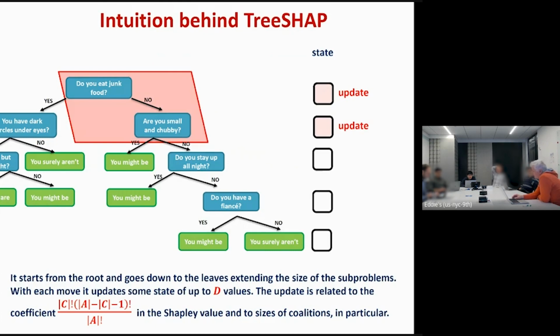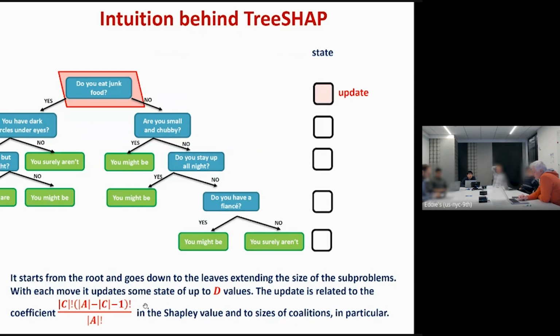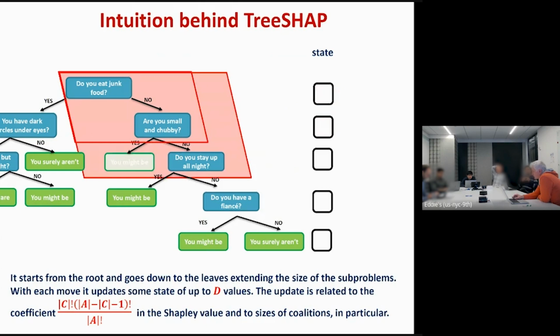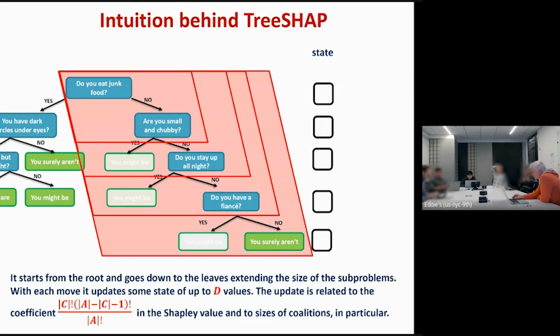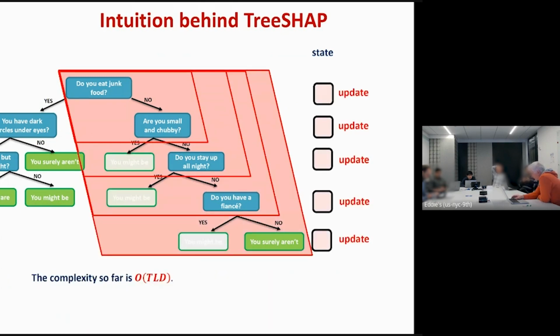The factor d is coming from the fact that you need to keep d values, because for each coalition size you need a separate value in the dynamic programming, since the weighting function is different for each coalition size. And then what they do in the algorithm, they essentially go down and update this value d times.